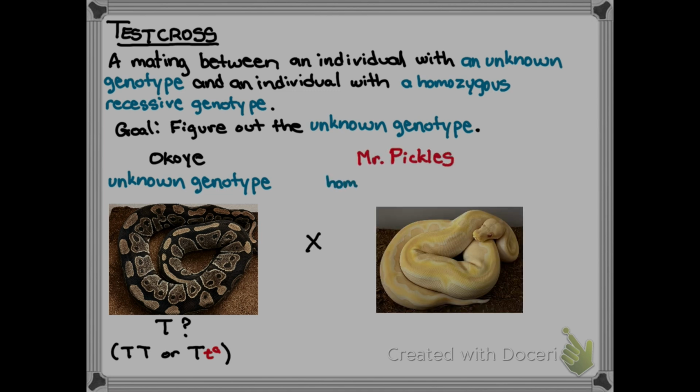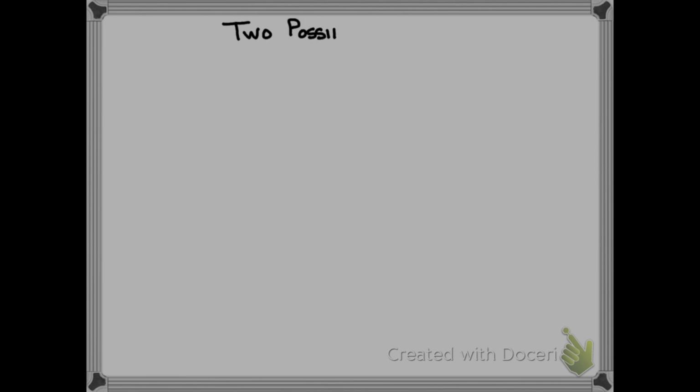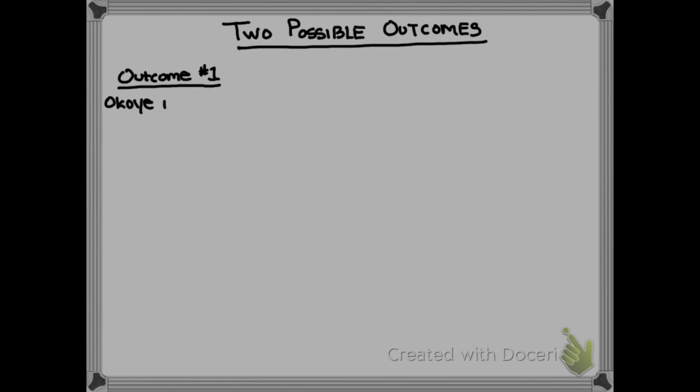And to test which genotype she is, we're going to use Mr. Pickles, who has a homozygous recessive genotype for the TYR gene. So there are two possible outcomes from this test cross. Outcome one occurs if Okoye is heterozygous.